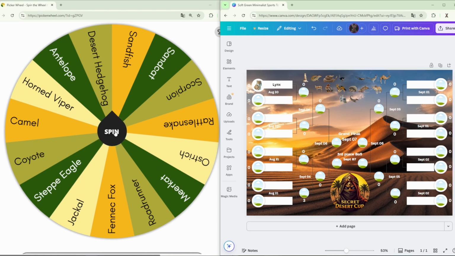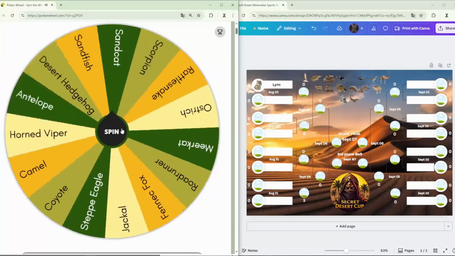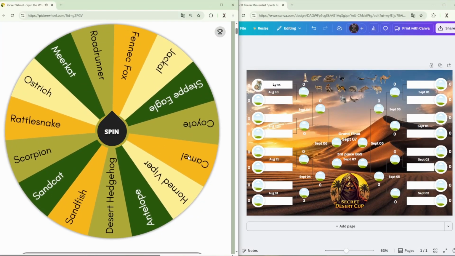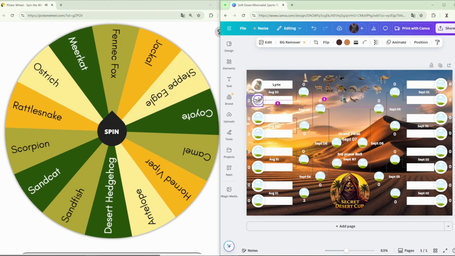Okay, let's find Lynx's opponent for the round of 16. Getting slower, slower, and we have the Roadrunner already placed in the first set that will be casted of this tournament. Let's put him here.